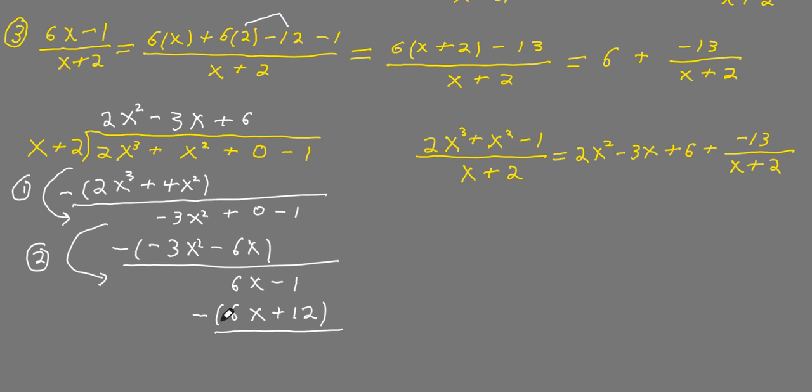So you have 6x times a minus sign, which is minus 6x, plus 6x cancels, which corresponds to this division, knocking the 6x out of the numerator over here. And then you have to subtract this term, so you have 12 times a minus sign is minus 12, plus minus 1 is minus 13. And that corresponds to these two terms over here.